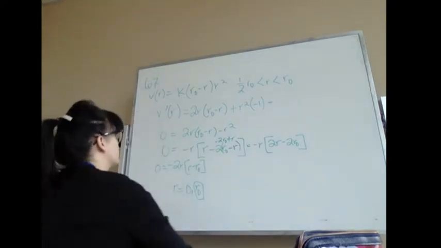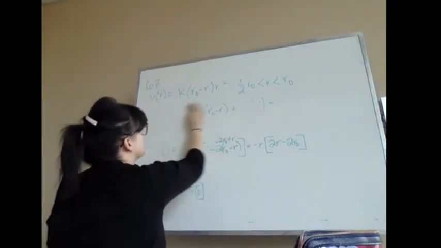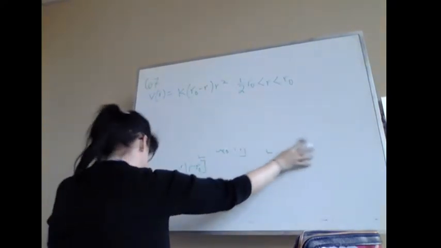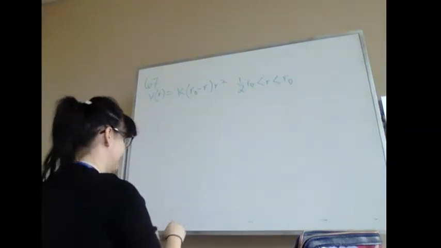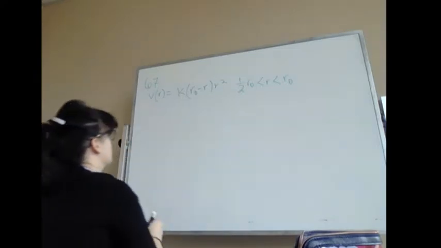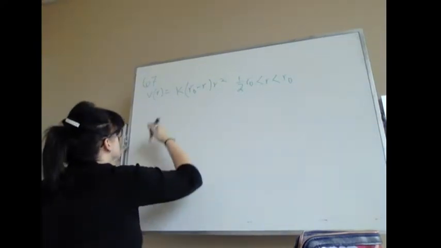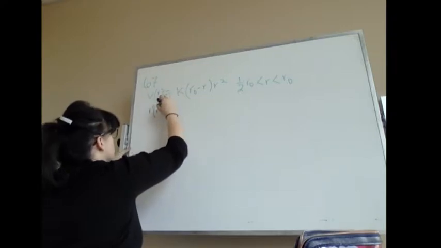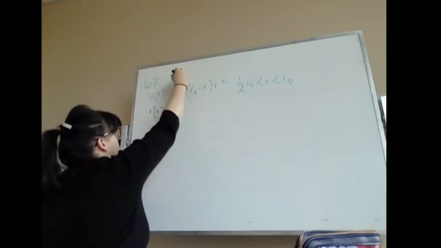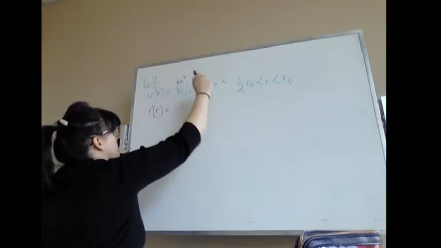Okay. In purple. Okay. So, V prime of r. I'm going to write this as k r squared.